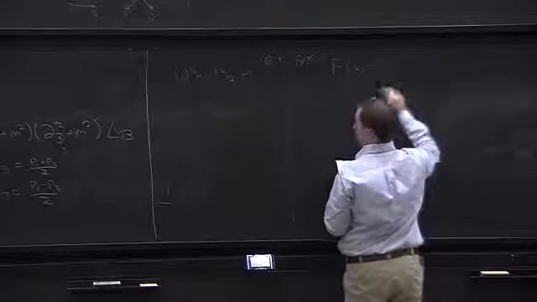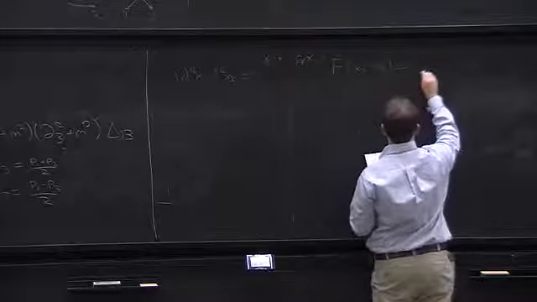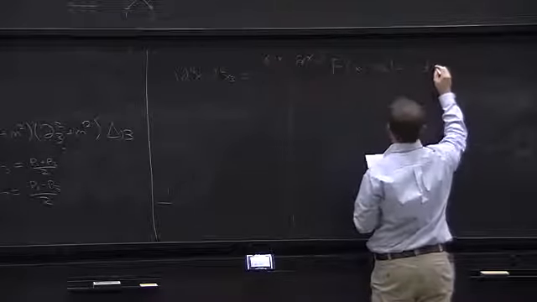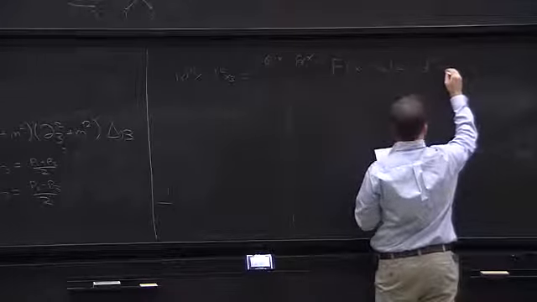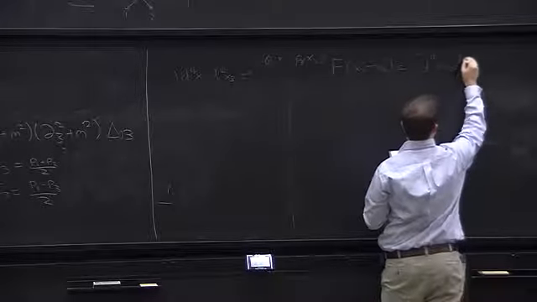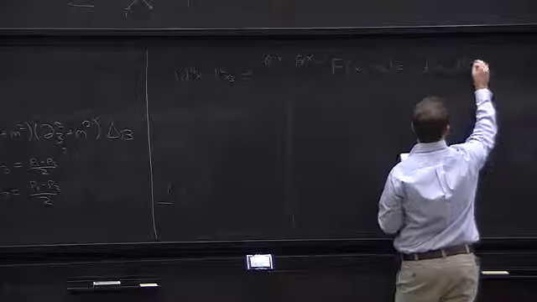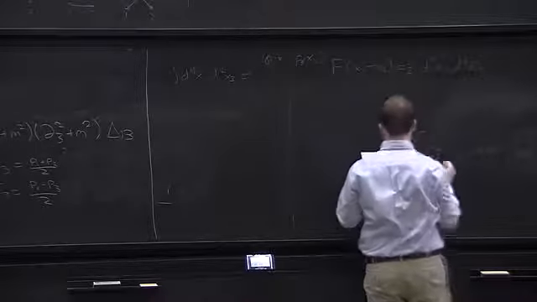And after this change of variables, we get d4 x13, d4 x13 bar. We get a half from the Jacobian.